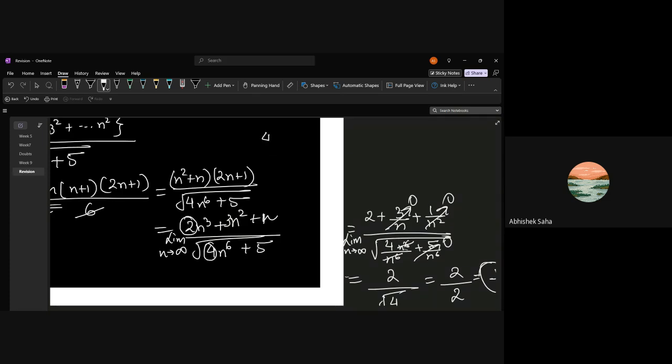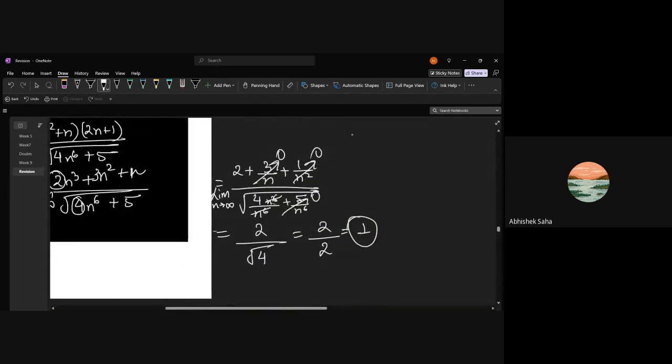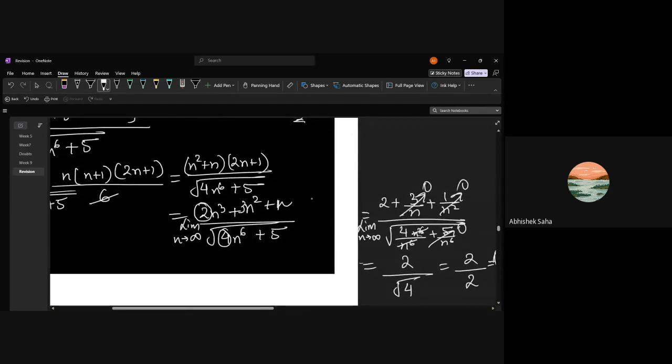Here we have root 4 upon root 2, sorry, 2 upon root 4. This will be the coefficient of the highest power. I have written the coefficient only and that will be equal to this. Okay, clear? Shall we move on to the next problem?